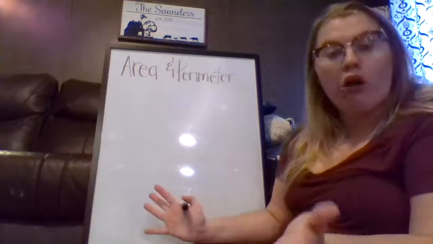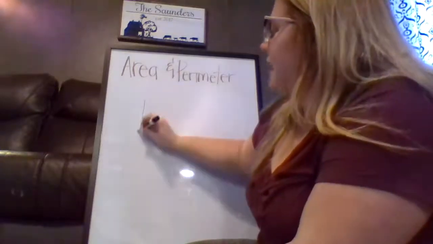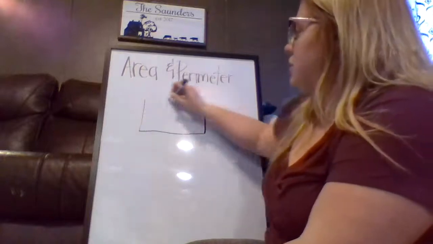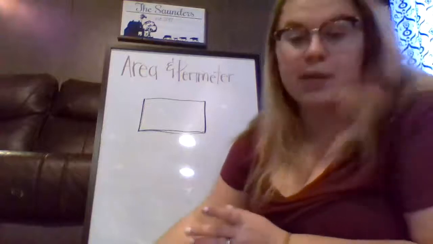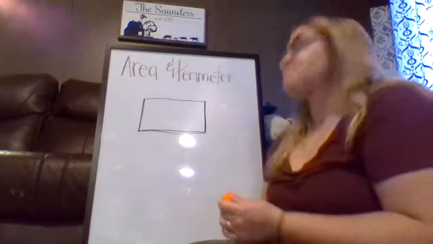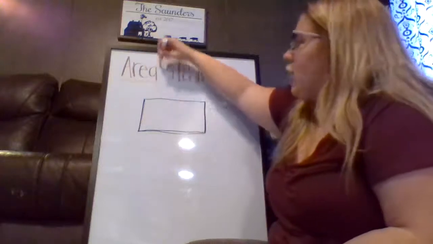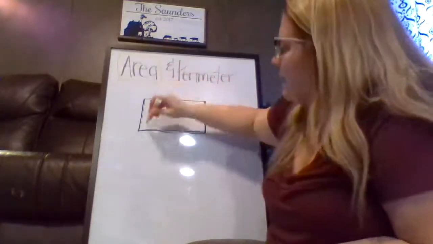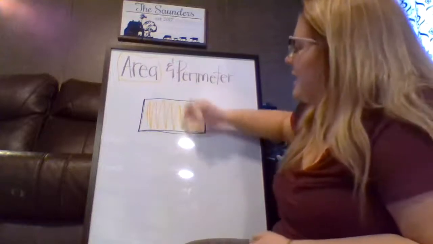So what are area and perimeter? Let's say I have my backyard. We're going to pretend it's a perfect rectangle. The area of the backyard is everything that's inside of it. So the area is what is inside.